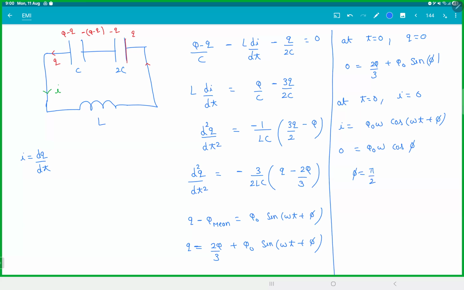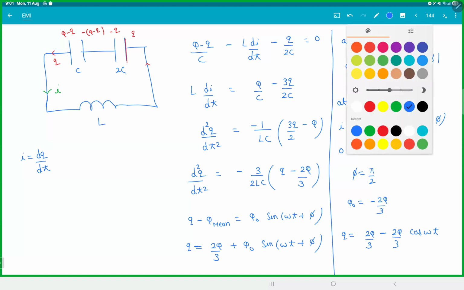Something like this would have come in the previous case also. So from there, we'll get Q naught is equal to minus 2Q by 3. Therefore, q will be 2Q by 3 minus Q naught cos omega t. If I put t equals 0, I'm getting 0. There, that's your small q.